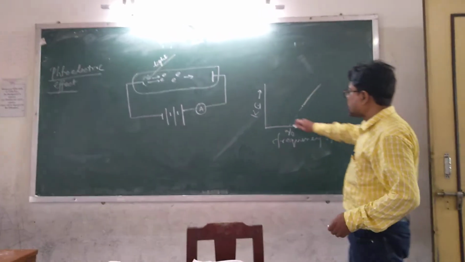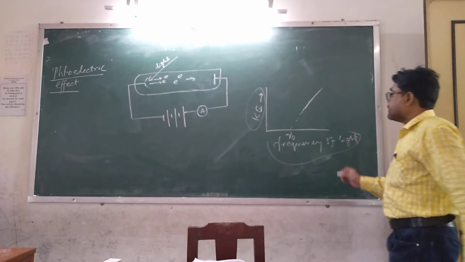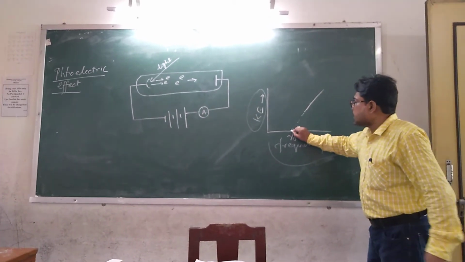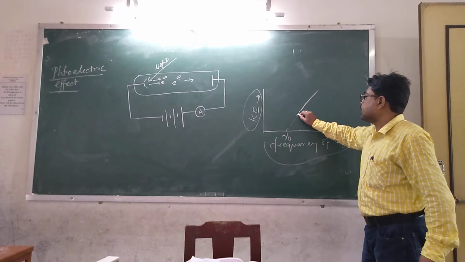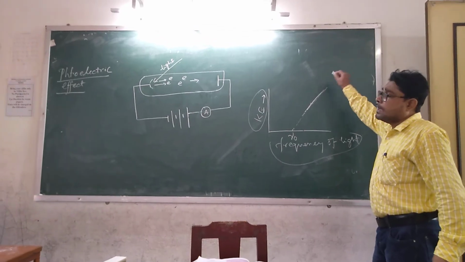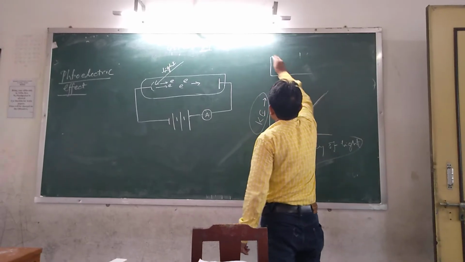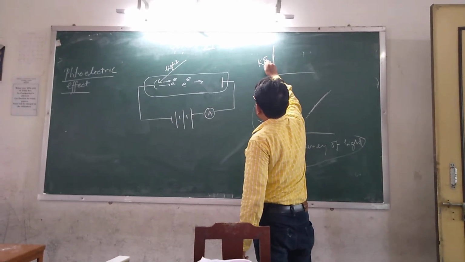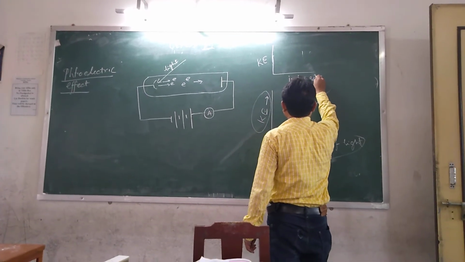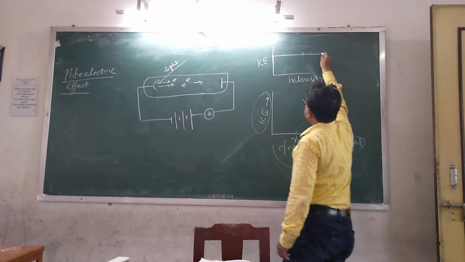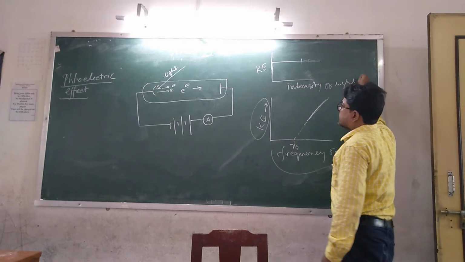If we plot kinetic energy versus frequency of light, we can see that a minimum frequency is required to eject. After that, with more frequency, the kinetic energy of the ejected electron will increase. And if we draw kinetic energy versus intensity, it will be a constant, whatever the intensity of light.